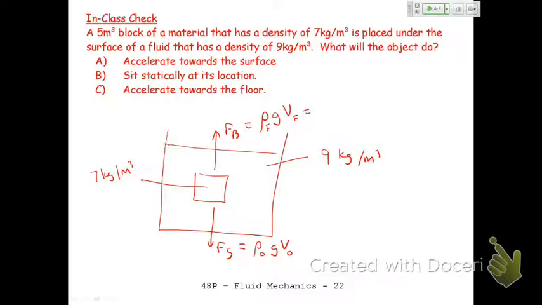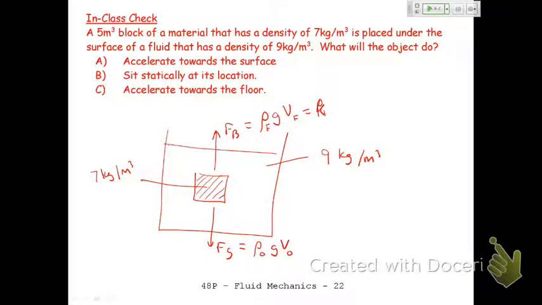So let's just assume this is a 1 cubic meter object. Oh, I've actually got numbers, so I can figure this out. FG is the force of gravity, right? FG is the weight. Yes, I'm sorry.